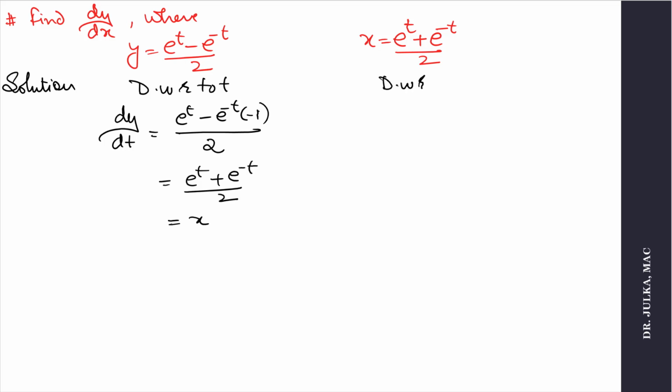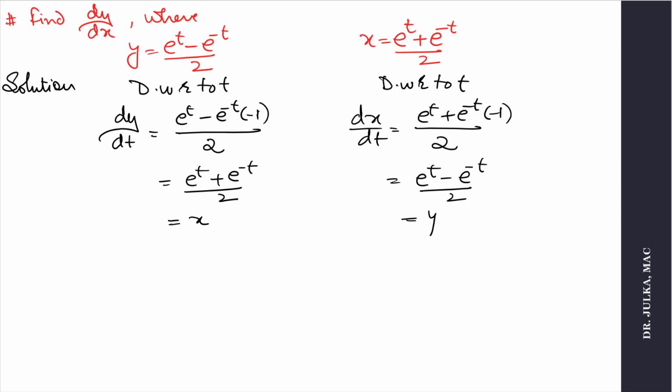And now when we differentiate x with respect to t we will get dx by dt equals e raised to the power t plus e raised to the power minus t into minus 1, divided by 2, which is equal to y. So dy by dx equals dy by dt into dt by dx, which equals x divided by y.